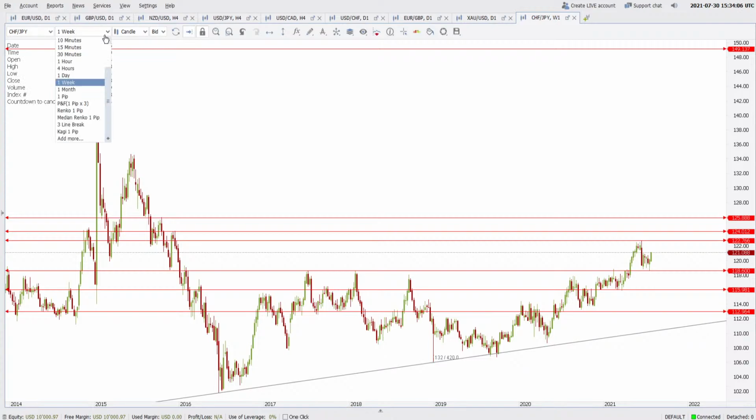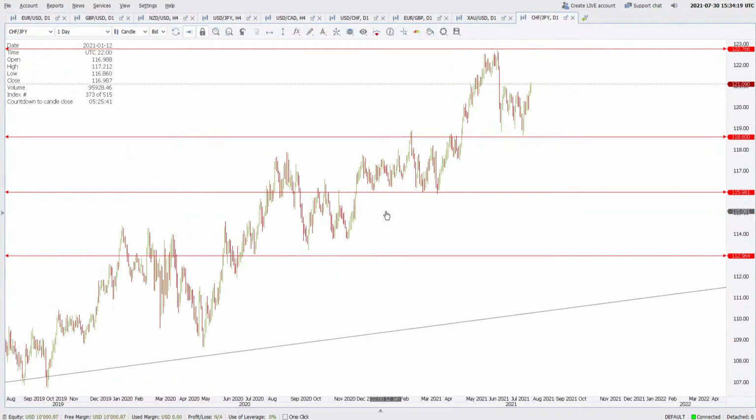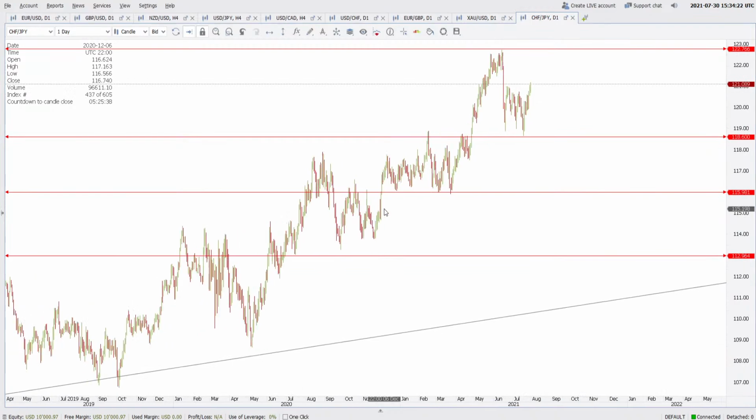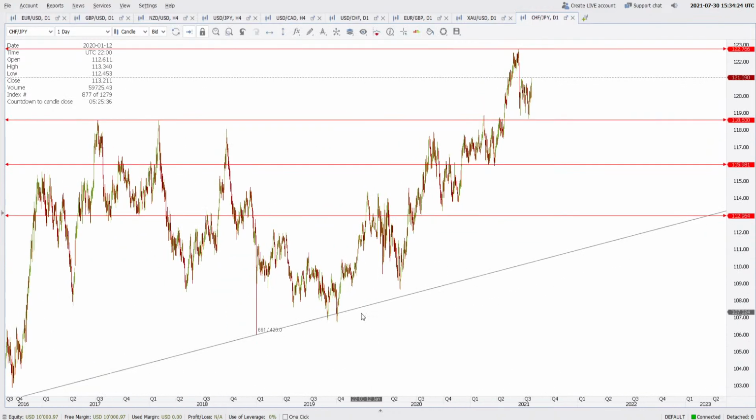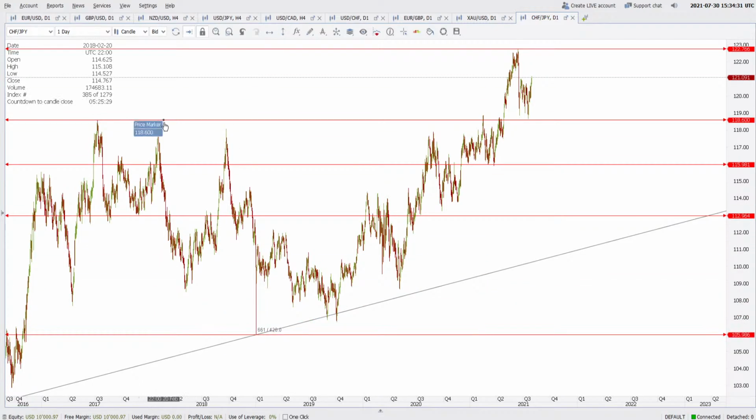All right, let's open the daily. Okay my friend, this is in an uptrend, and clearly on the daily chart also it is in an uptrend. Why? Because you see this, till this place the price was making lower highs and lower lows on daily, but eventually here the price took support and failed to make a lower low.